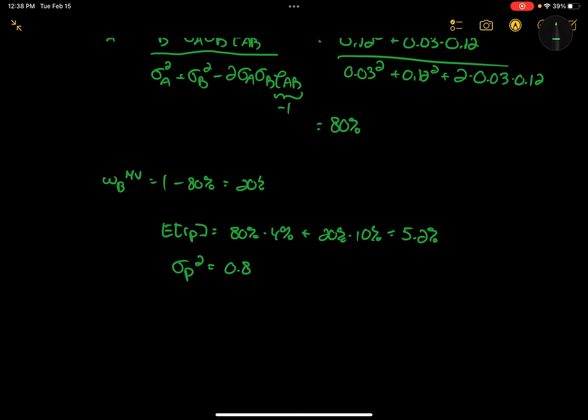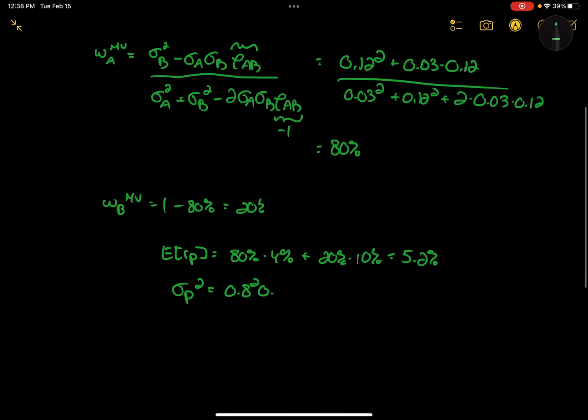So we get 0.8 squared times 0.03 squared plus 0.2 squared times 0.12 squared, plus 2 times 0.8 times 0.2 times 0.03 times 0.12 times the correlation between A and B. That's -1, so what I'm going to do again is just switch the sign here.